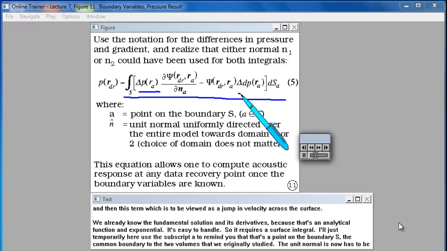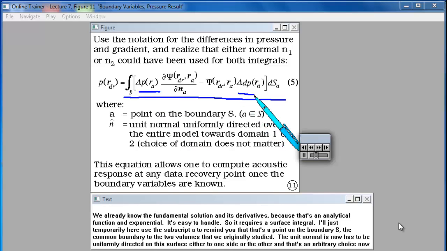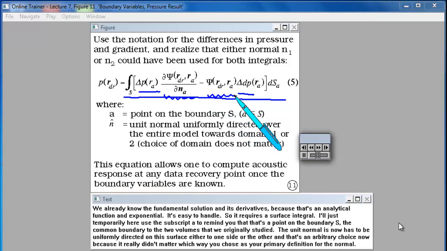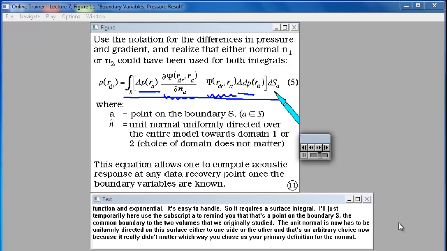We already know the fundamental solution and its derivatives because that's an analytical function, an exponential. It's easy to handle. So it requires a surface integral. I'll just temporarily use the subscript a to remind you that that's a point on the boundary S, the common boundary to the two volumes that we originally studied.